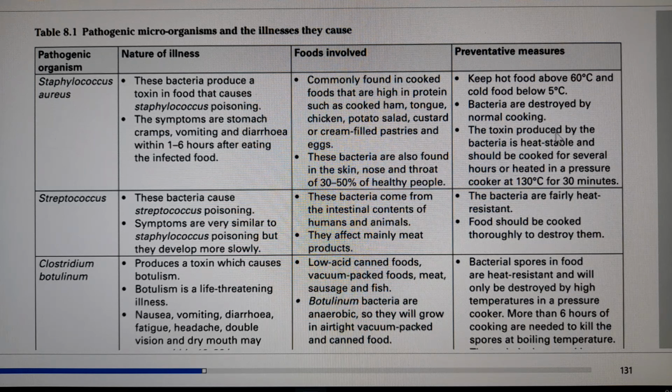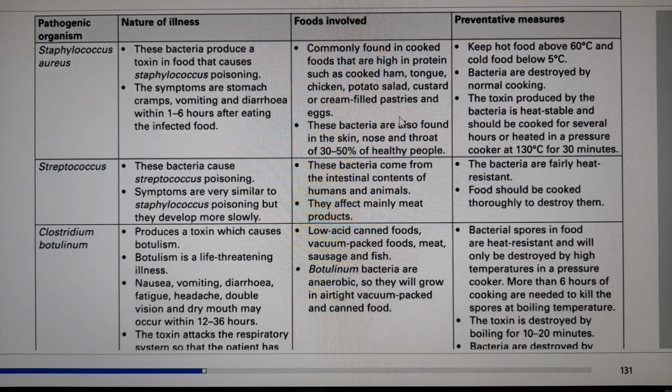The toxin produced by the bacteria is heat stable and should be cooked for several hours or heated in a pressure cooker at 130 degrees Celsius for about 30 minutes. You need to know how to prevent this illness from that microorganism, which is Staphylococcus aureus.